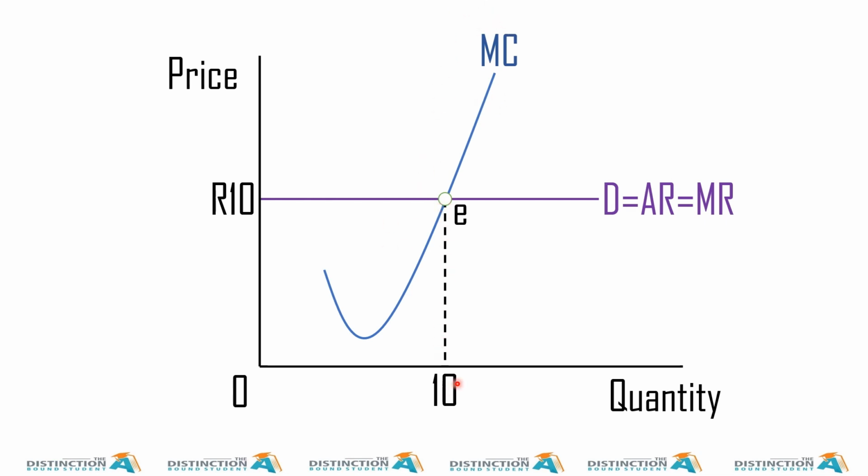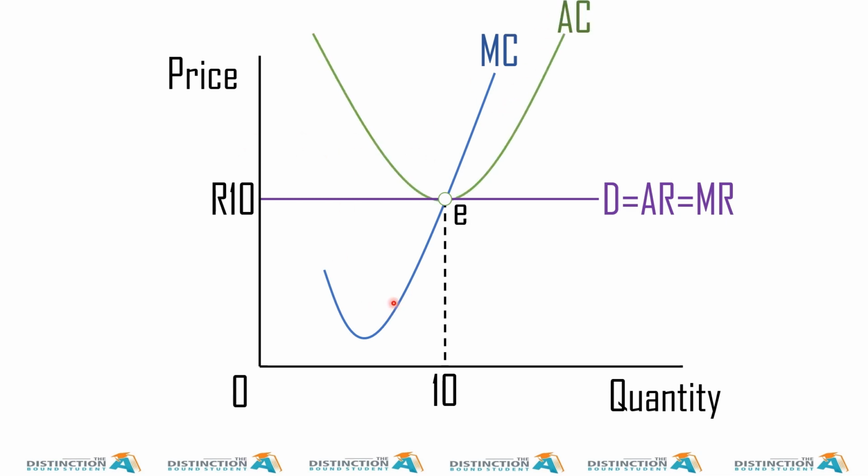If you are asked, should this firm produce the 11th unit, and substantiate your answer, you would say this firm should not produce the 11th unit because its profit will begin to decline. Don't say because he'll make a loss, because how do you know? All you have is revenue. You don't know how much it costs per unit. You know the cost this firm will incur if they produce that additional unit, which would be maybe 11.